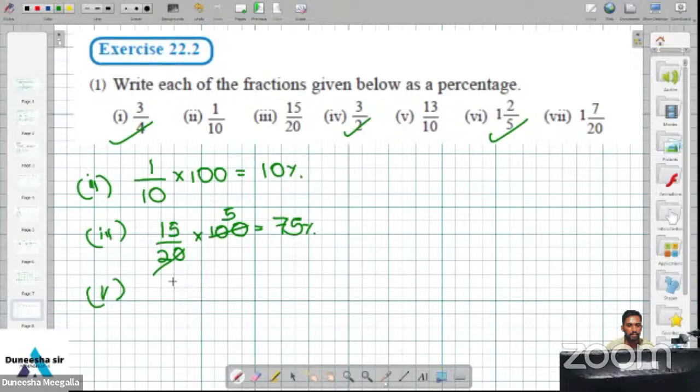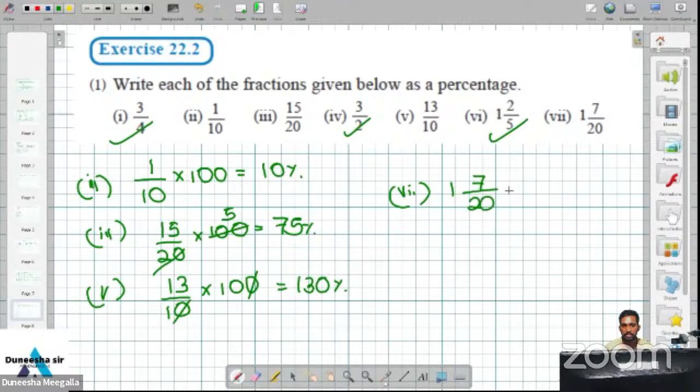Fifth one. 13 over 10 multiplied by 100. What is it? 130%. Seventh one, it's a mixed number. 1 and 7 over 20. The improper fraction is what? 27 over 20.